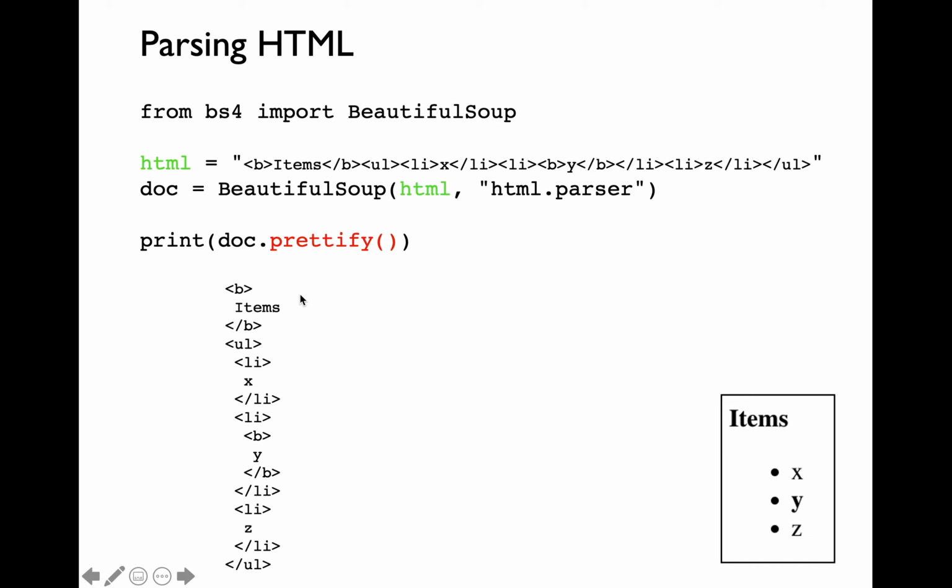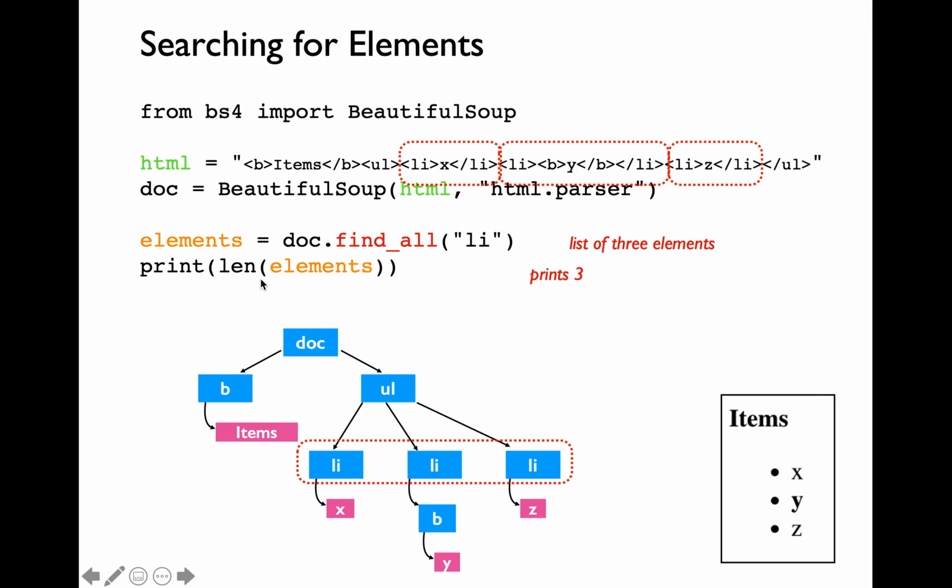The prettify function simply creates a neatly formatted version of the HTML file format. You can invoke the prettify function on a specific DOM tree using the corresponding variable, which is going to be doc over here.